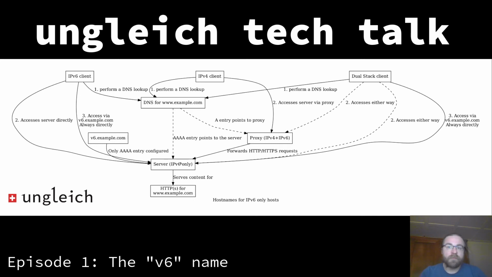So to solve this problem, we have introduced something that we call the v6 in a name. For a lot of systems that we have, we actually use the system name and append a -v6. Or in this example, if we have a full domain, we create a new DNS record, which we name v6.example.com, which only has the AAAA entry configured, pointing again to the server.